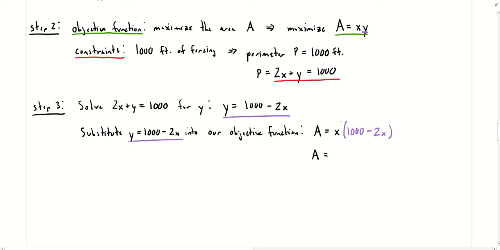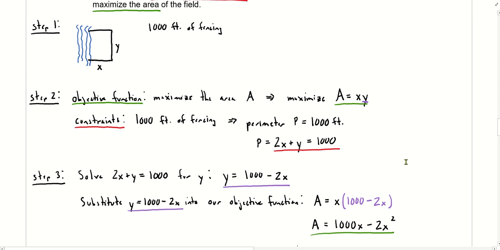So I'm just going to distribute this x here. I get 1,000x minus 2x squared. So this is my new objective function just in terms of x. Just like we originally wanted to maximize this, I still want to maximize this. It's just now going to be a little bit easier, as we'll see in a second, because everything is just in terms of x instead of being in terms of both x and y.